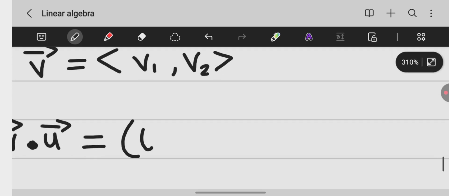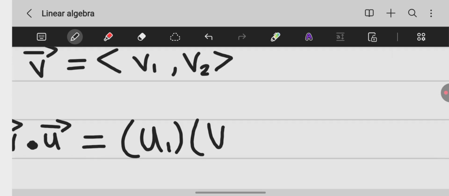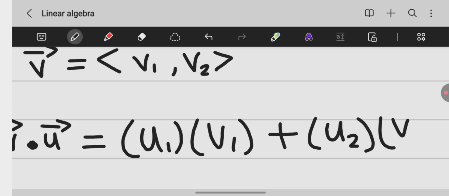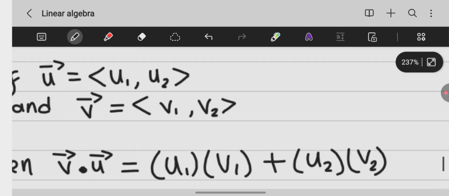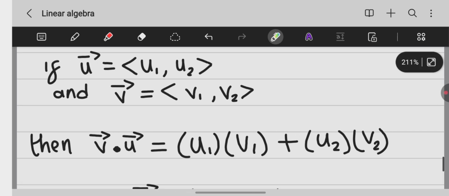So you would have U1V1 plus U2V2. It makes sense, because if I had a 3-dimensional vector with V, what would I be multiplying it with? So it wouldn't make sense. That's why if you're dealing with 2-dimensional, you only have 2, and if you have 3-dimensional, you have to work with 3-dimensional.